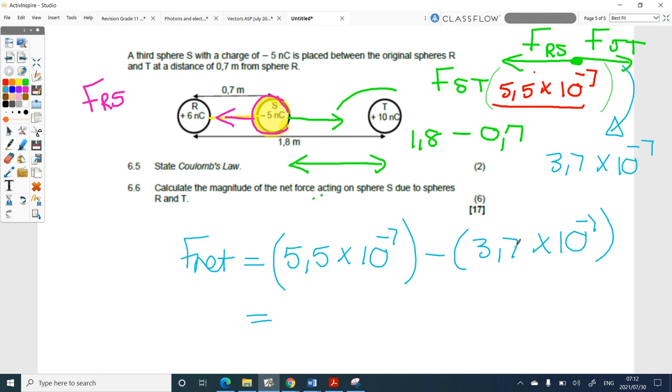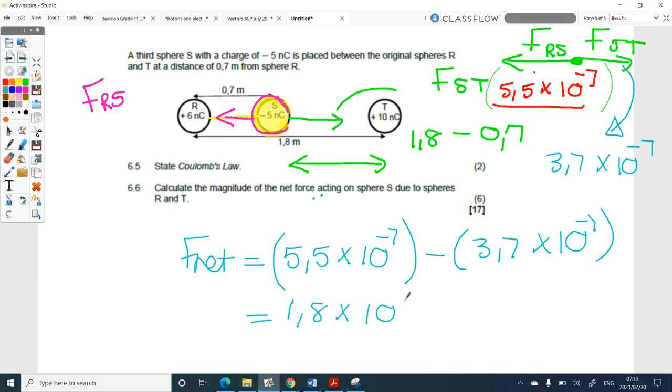5.5 times 10 to the minus 7 minus 3.7 times 10 to the minus 7. That shouldn't be a very hard calculation. What's that? Calculator, guys. I got 1.8 times 10 to the minus 7. Thank you.